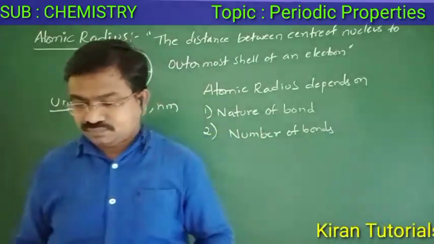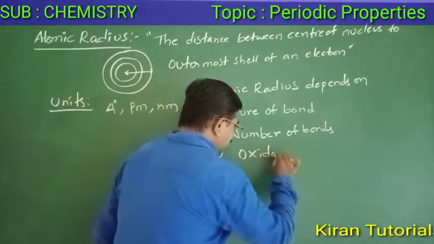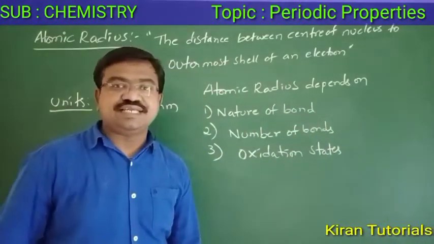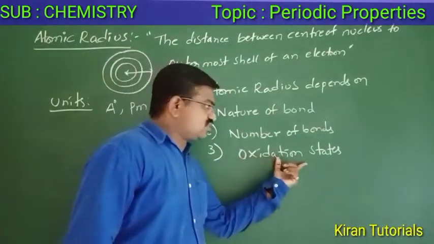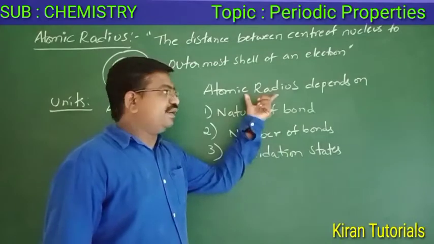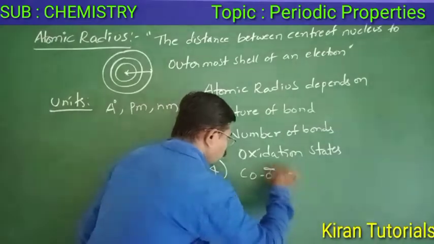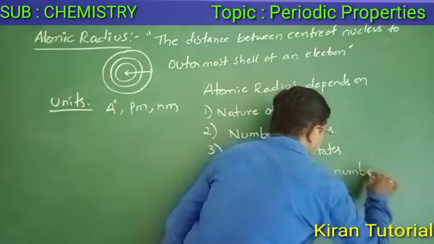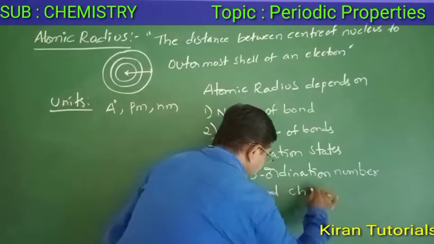And the third one, oxidation state. It depends on the oxidation state. In the next video we are going to discuss oxidation state. Just remember the factors here. Atomic radius depends on oxidation state, coordination number, bond character.